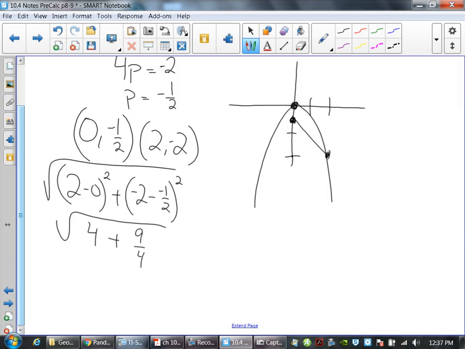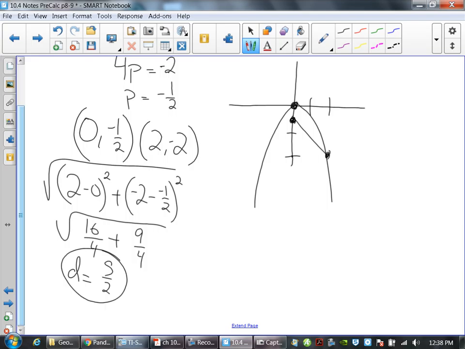What am I going to change that 4 into to be able to add it to 9/4? 16/4. And hey, look at that. 16 plus 9 is 25. So the square root of 25/4 is 5/2. See what I'm saying, even though it looks like it's going to be god-awful, you wind up with fractions that are going to work. So we have a distance of 5/2.